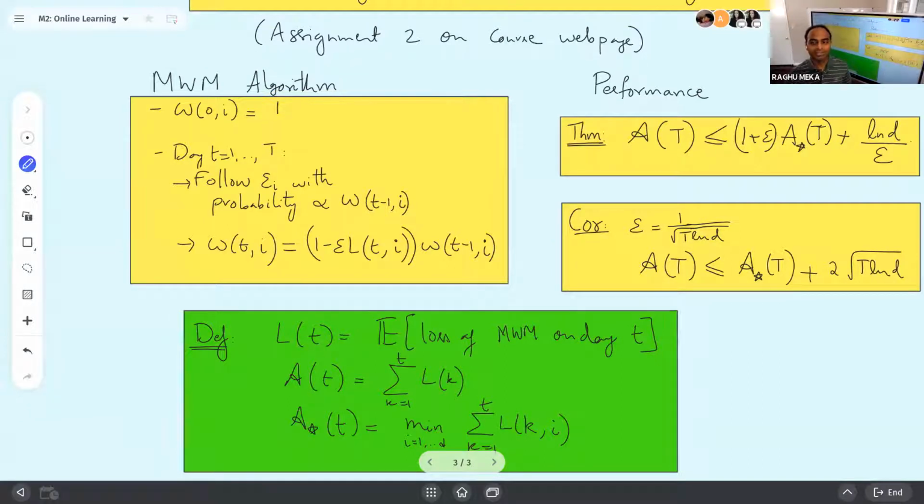We make our predictions based on these weights: each day, we pick an expert with probability proportional to their weight and follow that expert. On the first day, some of you suggested a follow the leader kind of algorithm. Multiplicative weights is a little bit like that, but you follow the leader in a probabilistic way. If a person has made fewer mistakes, then they are more likely to be followed. It's not deterministic, but they are more likely to be followed.